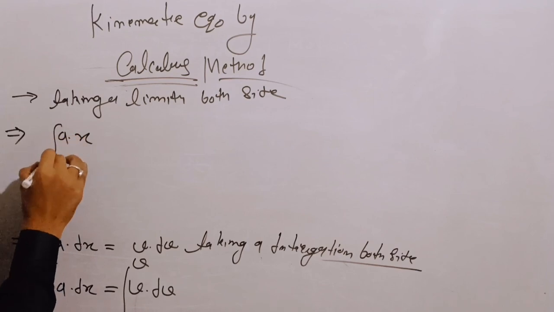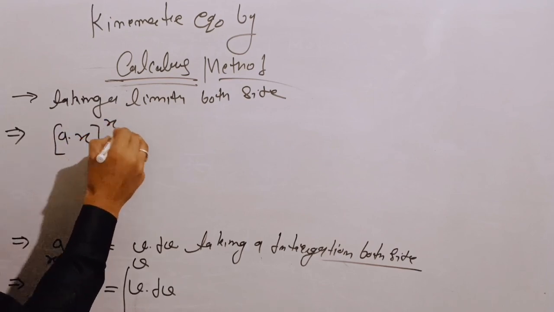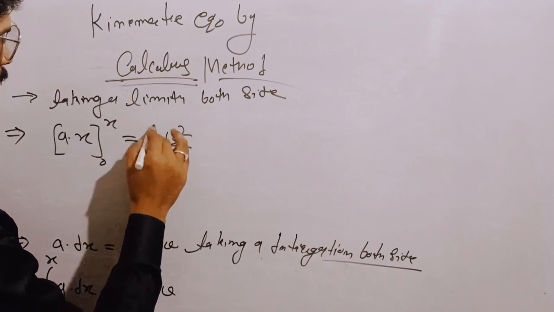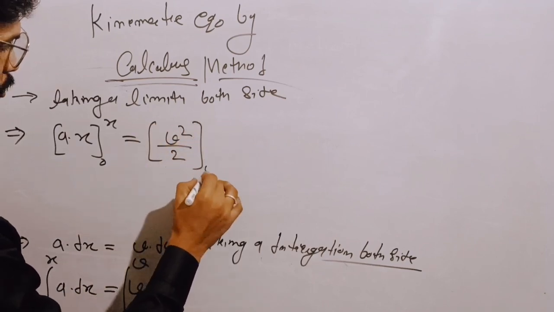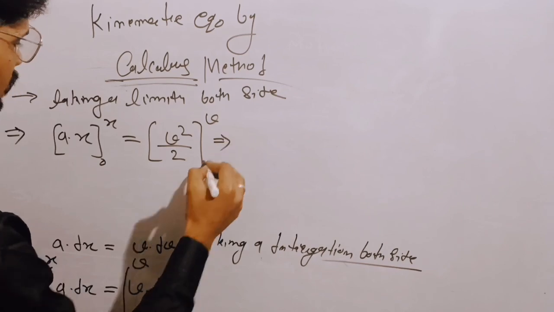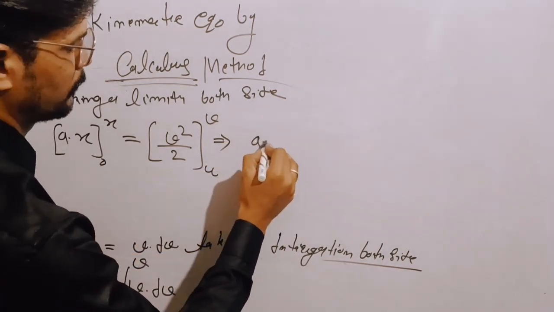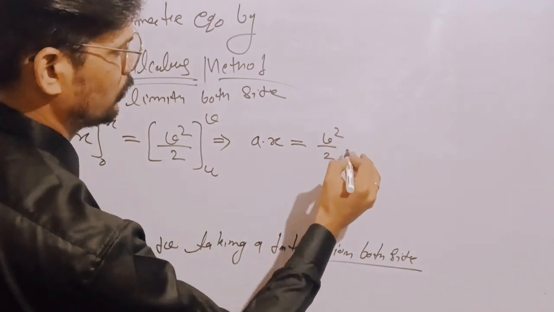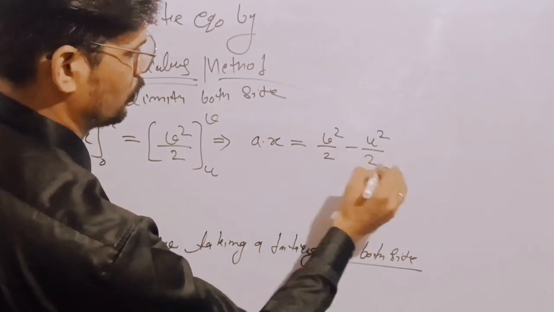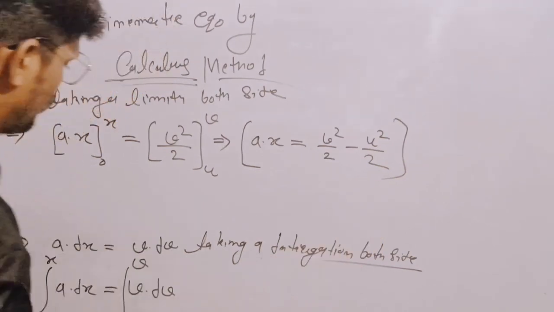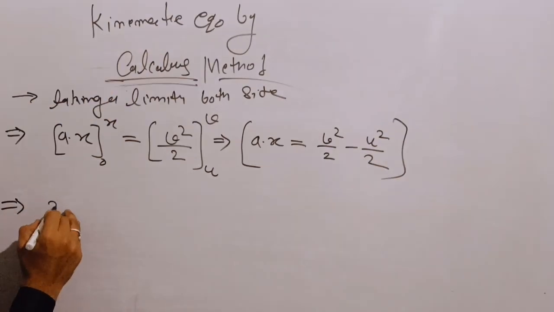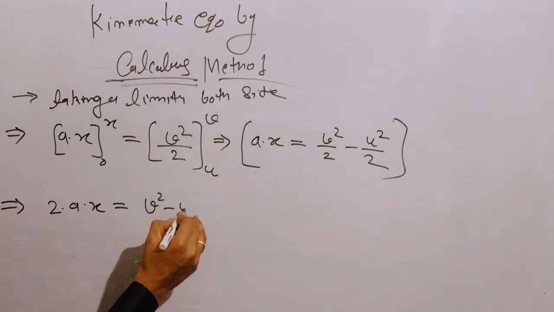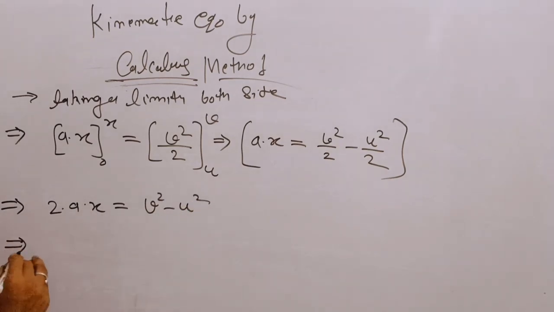So a into x, the integration of a into dx, with limit 0 to x, and the value of the integration of v into dv is v square upon 2, taking the limit u to v. So find the value: ax is equal to v square upon 2 minus u square upon 2, and 2ax is equal to v square minus u square.